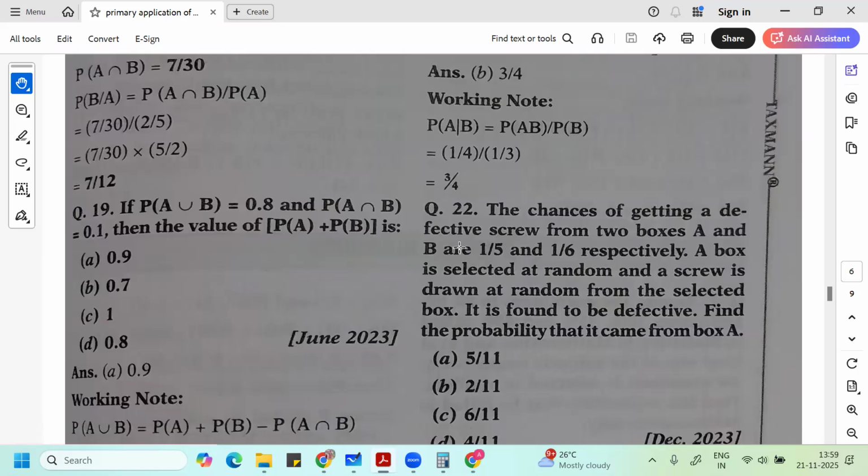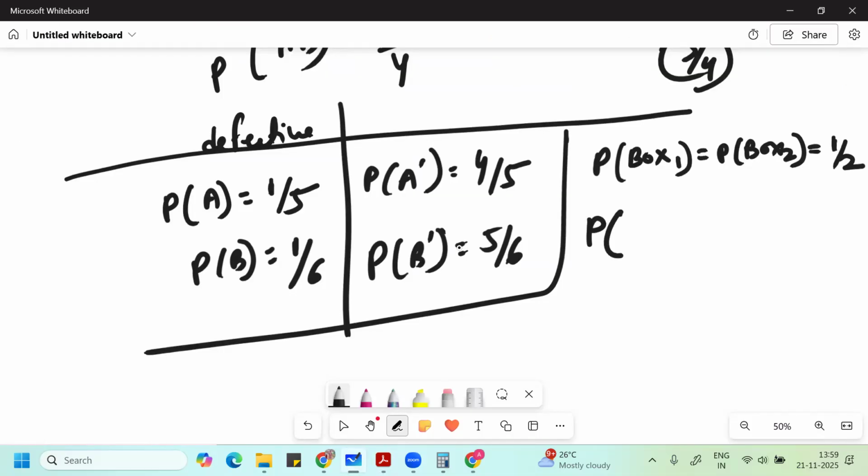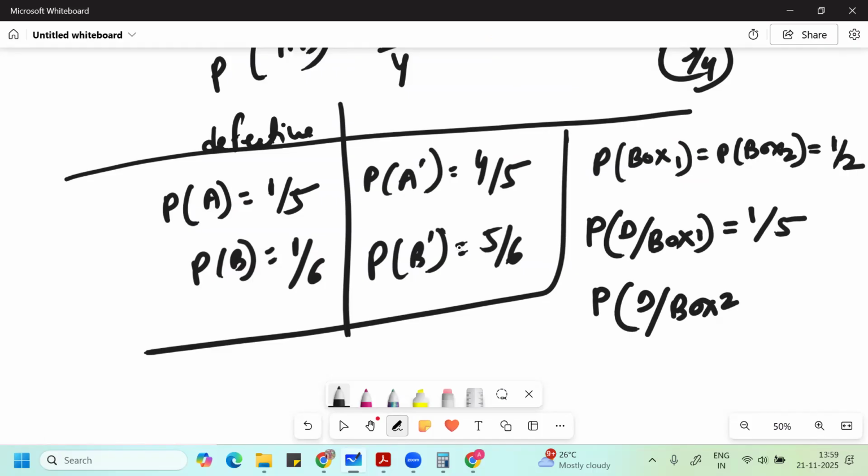A box is selected at random and a screw is drawn at random from it. What is the probability that you will get a defective screw from box 1? That would be 1 by 5. And from box 2? That would be 1 by 6.